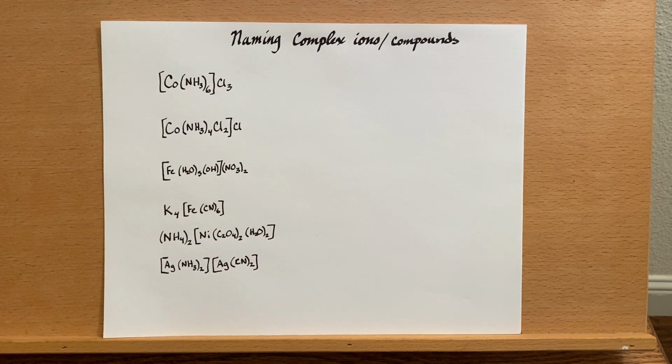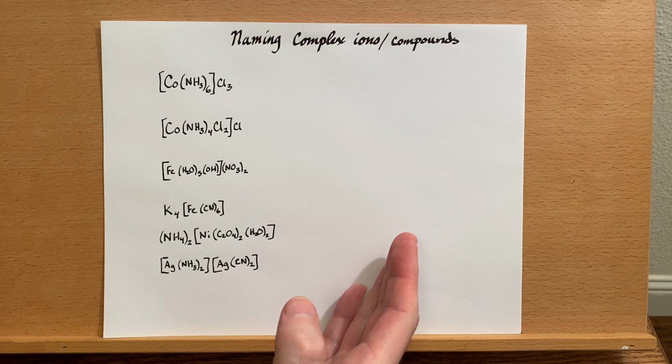And so, let's go through what these particular compounds are called. Now, think back to when we talked about chemical names for ionic compounds. We always say the name of the cation first, followed by the name of the anion.